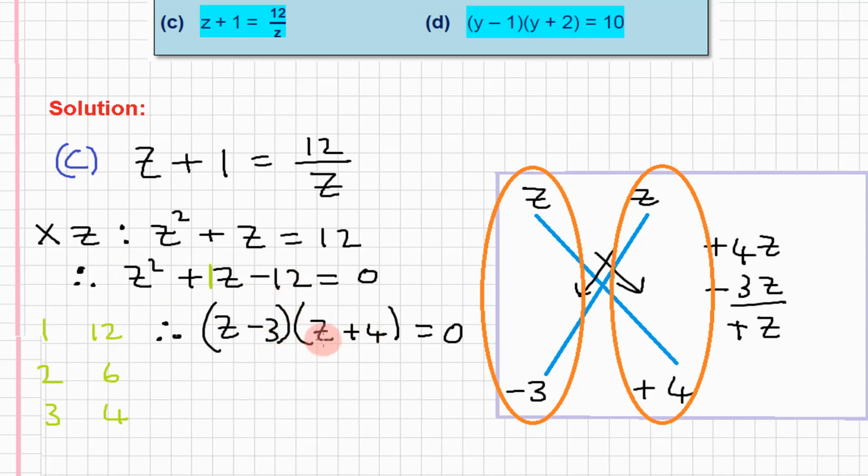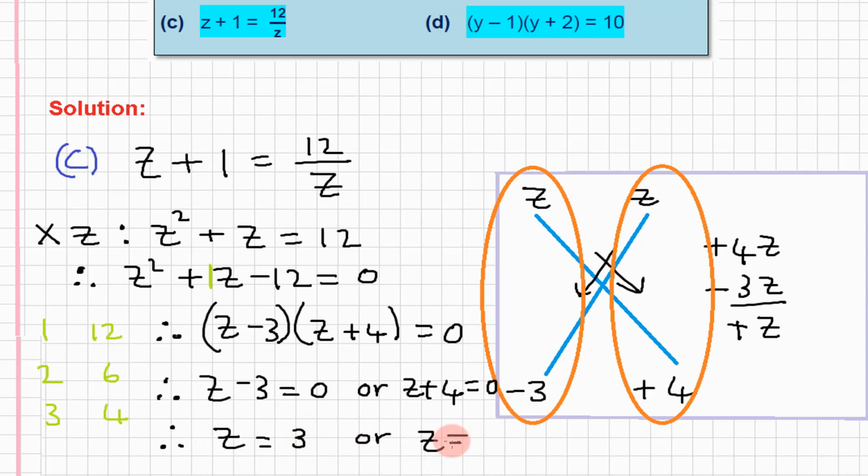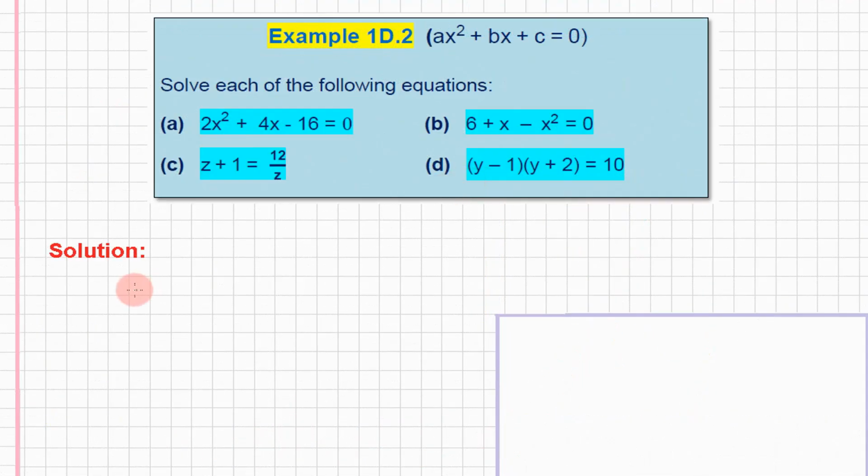Here we have negative 3z plus 4z is positive 1z. Then using the zero product rule, and finally solving for z. So z is 3 or z is negative 4. Let's look at the last equation.